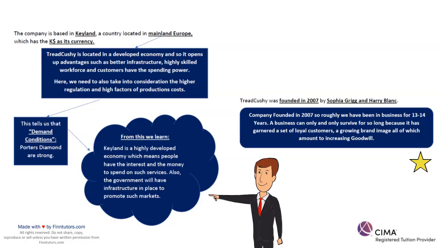So this is a comparative advantage for my business, right? I've been in the market for a long time, so I have loyal customers, I have that goodwill with me. Another feature of the company TreadCushy that you must keep in your mind: you've been in business for so long, you've developed good goodwill, good brand awareness, customer loyalty. It's important to keep this in mind.